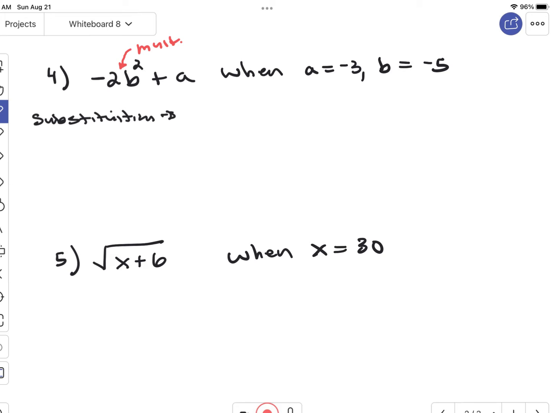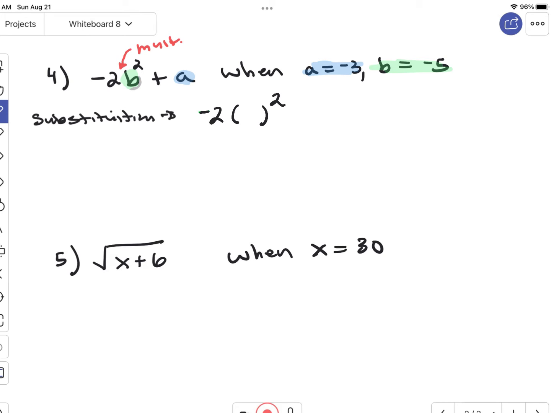So it's asking you to replace B with negative 5, and then we're going to replace A with negative 3. Make sure you're replacing things correctly. So the first step I should see on your paper is negative 2, right? And then we should always put the base in parentheses, right?